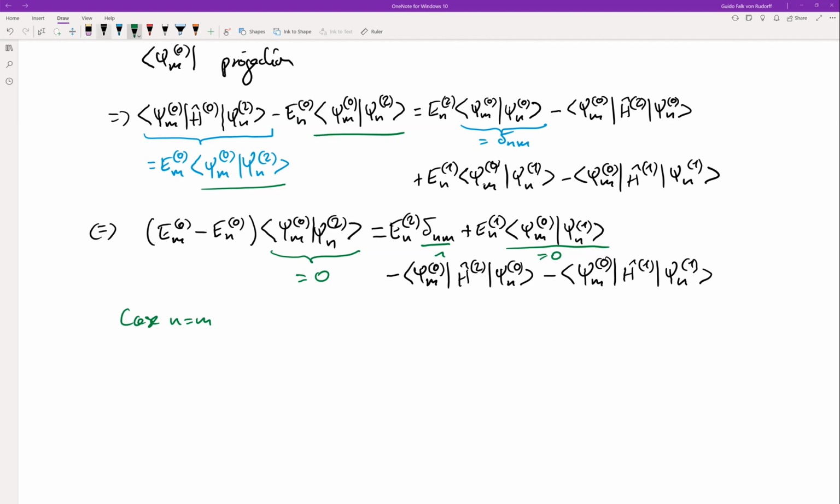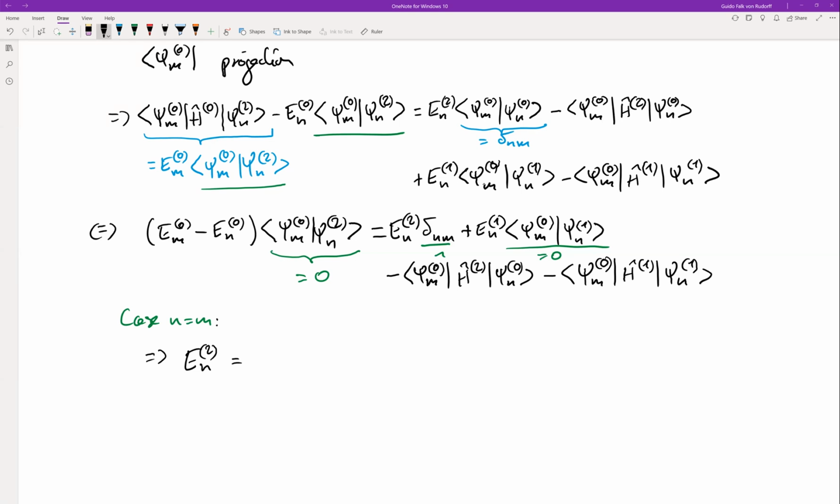So if we do that, then we can rearrange things so that we can get an expression for En second order. So the left-hand side is 0, and the second term on the right falls out. So we can just solve this for En second order perturbation.